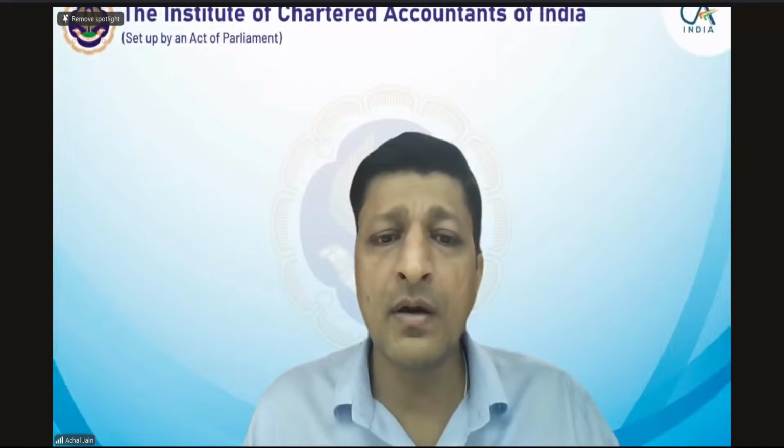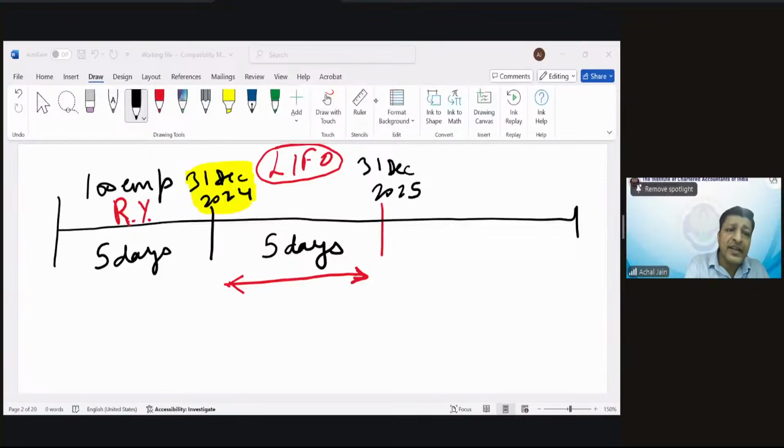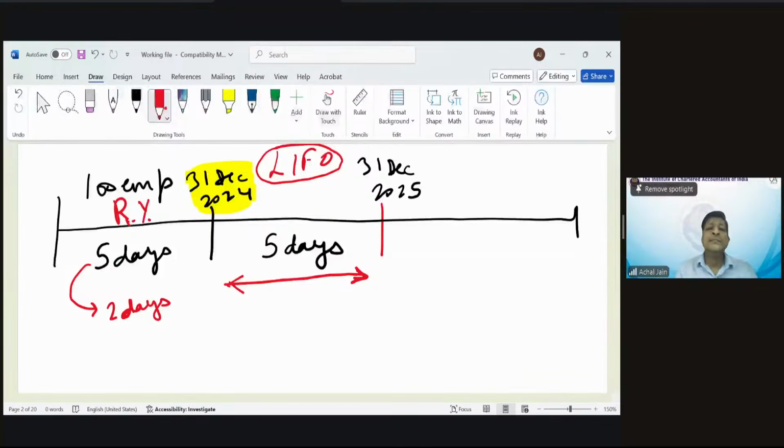So let me just put it down on that chart as well. So now as per the policy, what has happened? Out of 5 days, 2 days are unavailed.